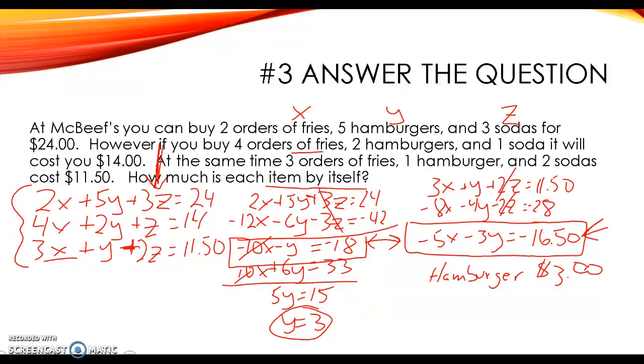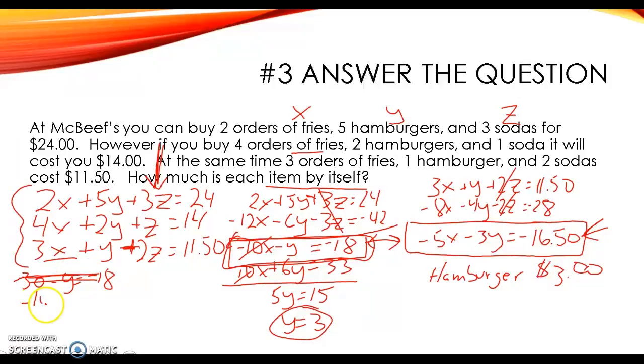And so I'm going to go back to one of my original two equations, and let's say I pick this equation right here. I'm sorry, I need to plug in the 3 for the y.